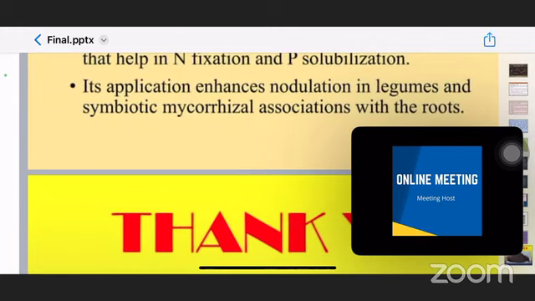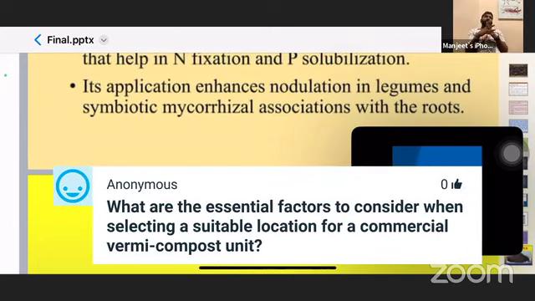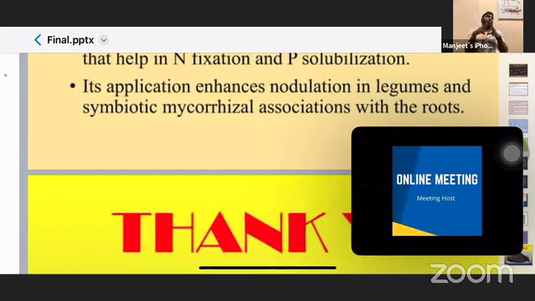Next question: what are the essential factors to consider when selecting a suitable location for a commercial vermicompost unit? For a commercial unit, we should select a site that is not too far from the cities, because if we start this unit too far away, there will be transportation cost for raw material as well as finished product.